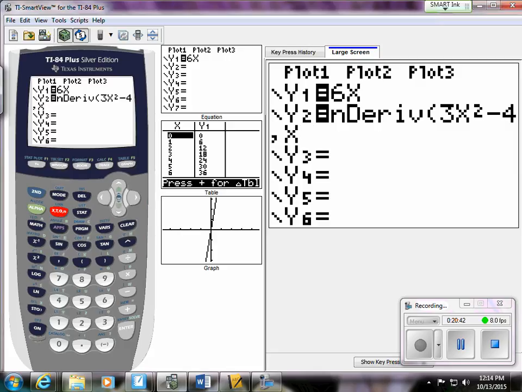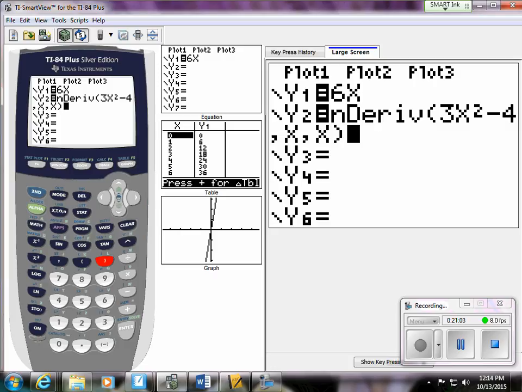When you're graphing the derivative, you do another comma x instead of comma some number. And it'll calculate the derivative at all these values of x and make a graph out of it. And if your graph and the calculator's graph of the derivative overlap, you've got the right derivative.